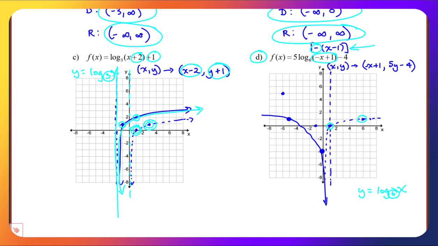So the negative here is going to flip the graph over the y-axis so the x's change. So this point goes here, and this point goes here. Next, I take the y values and multiply by 5. Well, the y value here is 0. Multiplying by 5 still gives you 0, but the y value here is 1. Multiplying it by 5 gives us 5.